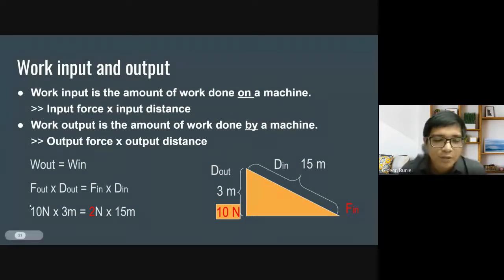Okay? So, for example, for the output force and output distance, we have an example here. We have 10 newtons times 3 meters is equal to 2 newtons times 15 meters.